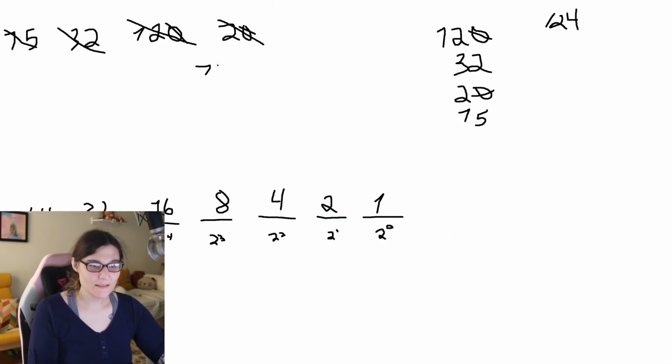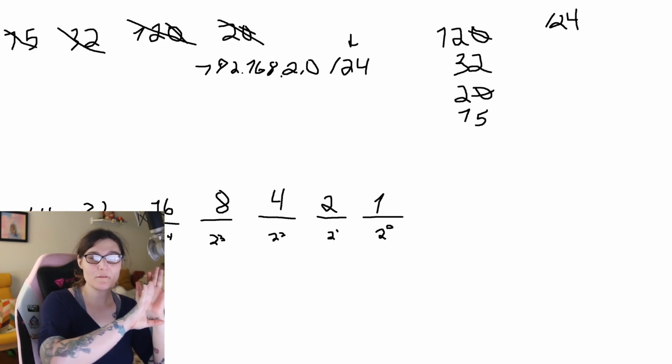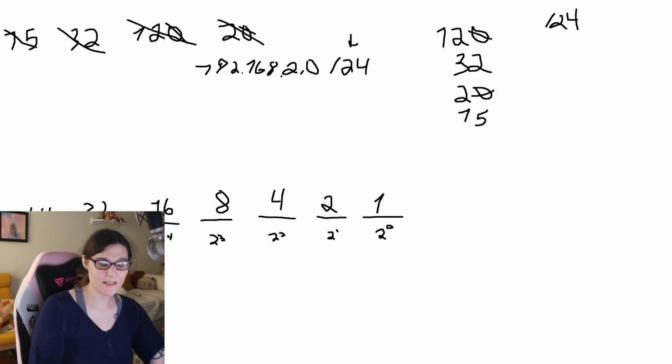192.168.2.0/24. This slash here is what lets us know where we begin moving from when we look for available hosts when we're doing subnetting.